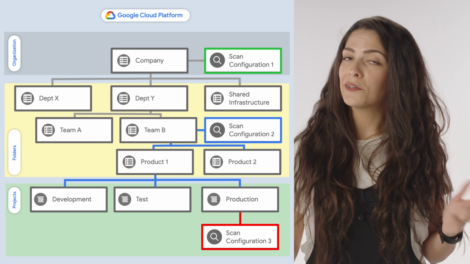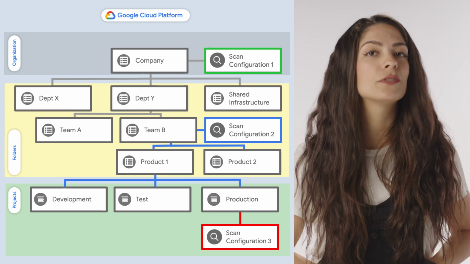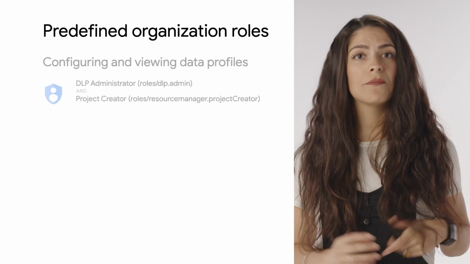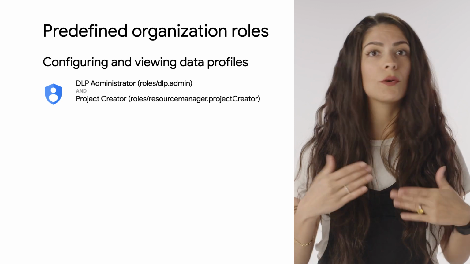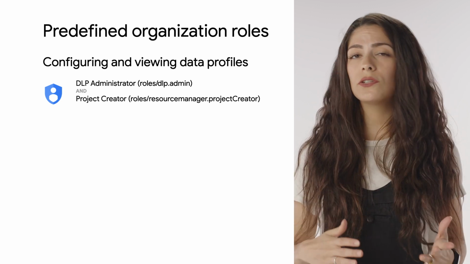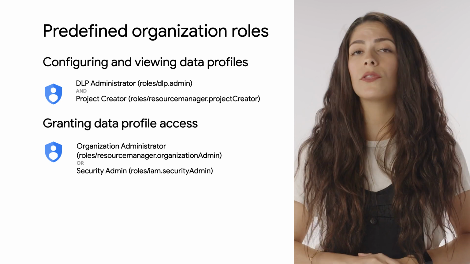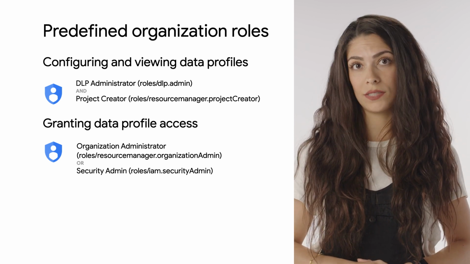And speaking of things under your purview, let's talk about roles and permissions. To turn a scan configuration on at the org and folder level, you need the DLP administrator role, the project creator role, and either the organization administrator or the security admin role on the organization IAM policy.